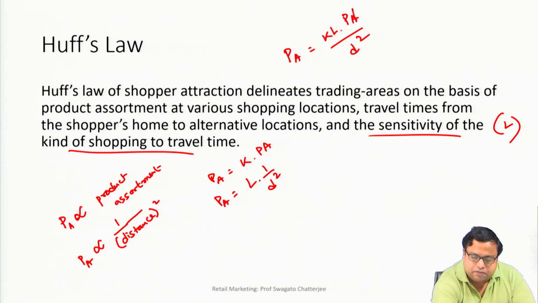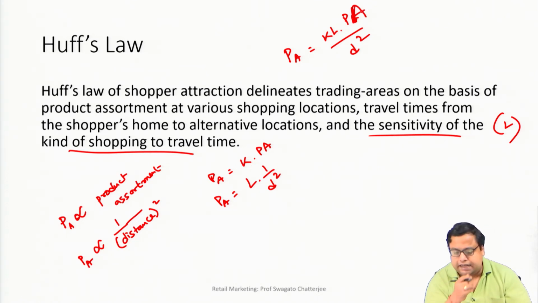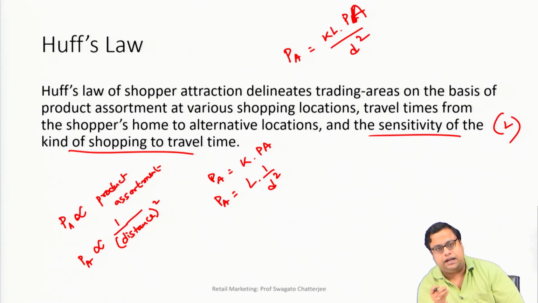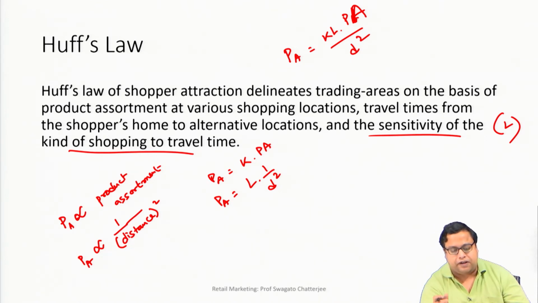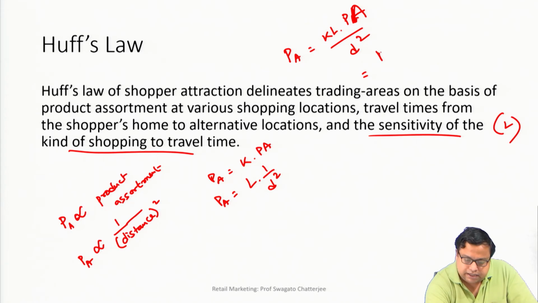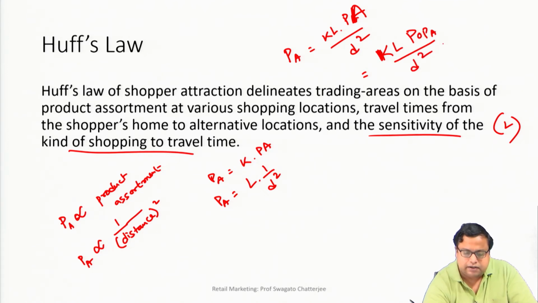And product assortment availability, I am saying, is proportional to the population of the trading area. If one particular store has a higher population in its trading area, then it will keep a larger number of assortments. So, that will be basically KL into population at A by distance squared.